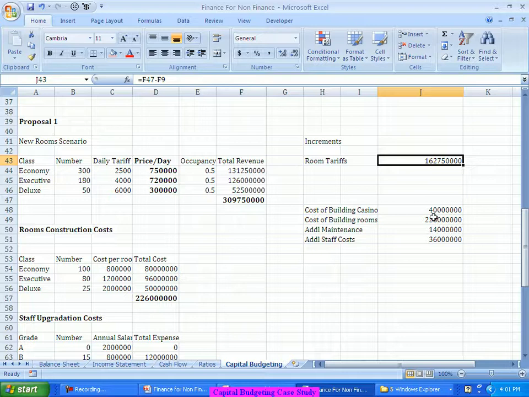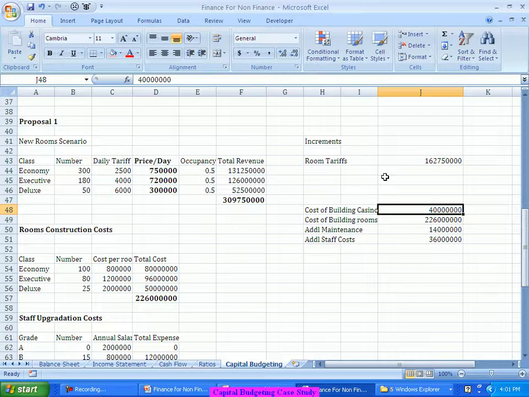But what are the costs with proposal 1? Cost of building a casino. It's an incremental only. Everything new. Earlier there was no casino. Now I am putting some 4 crores over it. So that's a one-time cost.